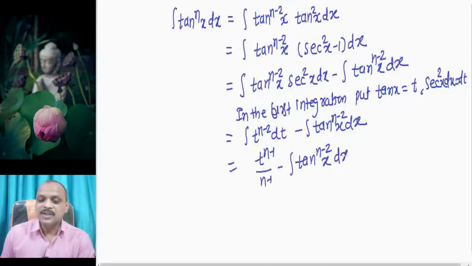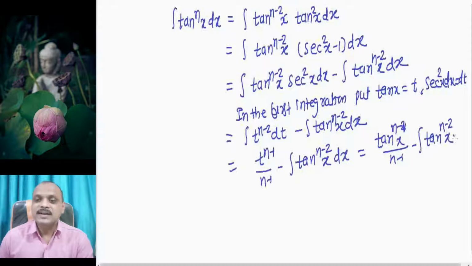Substituting the value of t, we have tan raised to n minus 1 x divided by n minus 1 minus integration of tan raised to n minus 2 x into dx. So this is a reduction formula.